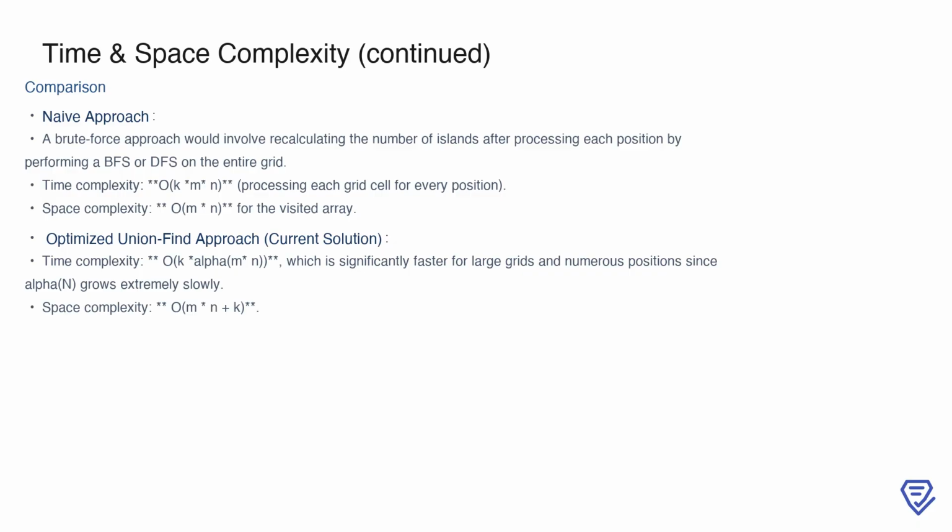In contrast, the current solution using the union-find data structure is significantly more efficient. Its time complexity of O(k * alpha(m*n)) is far superior, particularly for large grids, since the alpha(n) function grows extremely slowly. The space complexity of O(m*n + k) is also comparable or better, making this optimized approach highly practical.